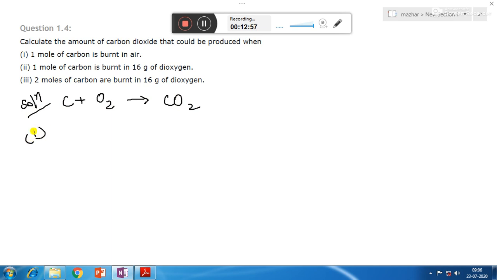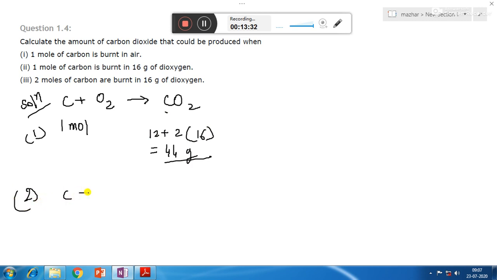In the first one, 1 mole of carbon is burnt, and the number of moles of carbon in the equation is already 1. So carbon dioxide formed is also 1 mole. But we have to find the amount of carbon dioxide in gram. For carbon it is 12 plus 2 times 16 for oxygen, so that is equal to 44 gram. So our first answer is 44 gram carbon dioxide is produced.